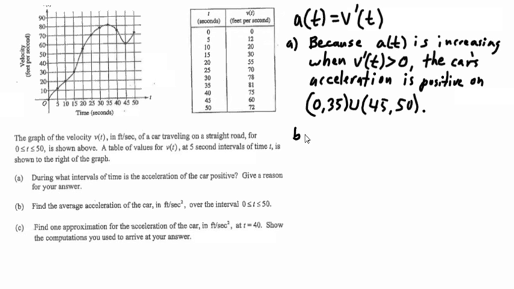Okay, now we're going to look at part B. Find the average acceleration of the car in feet per second squared over the interval 0 to 50.